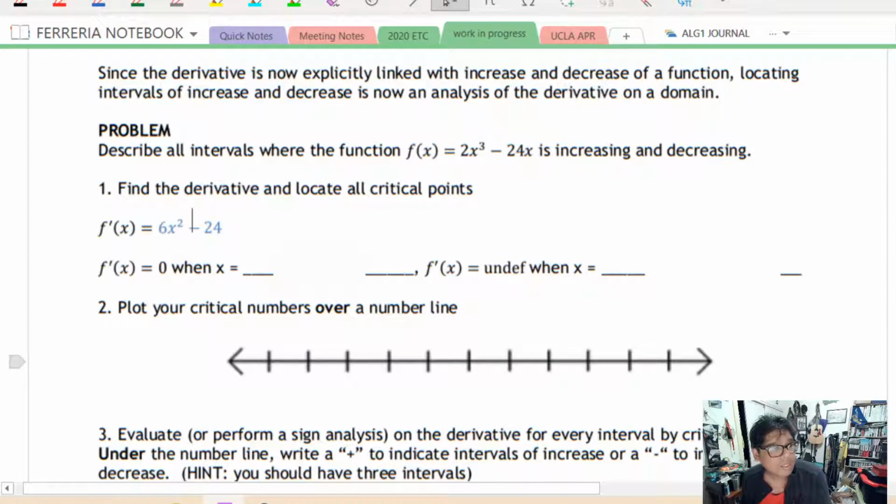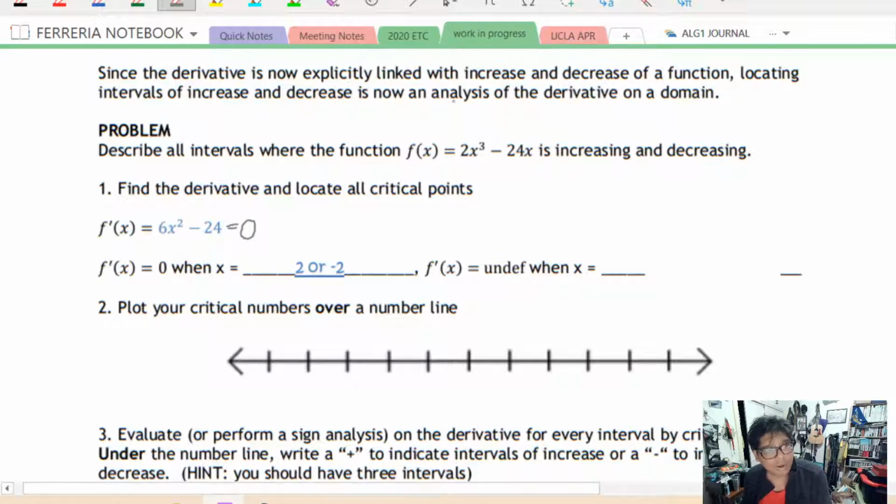So when is this derivative equal to 0? You might want to solve that, but this derivative is going to be equal to 0 when x equals 2 or x equals negative 2. To solve that, you would of course set the derivative equal to 0, and then solve algebraically.